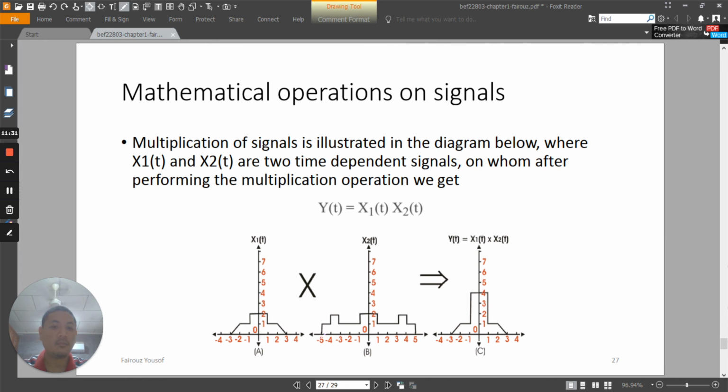Another example, at 1 we take 2 and at 1 we have 2 as well, so 2 times 2 is 4. Then we take the bottom point, the lowest point. At 1 we have 1 and at 1 we have 1, so it's 1, so here.